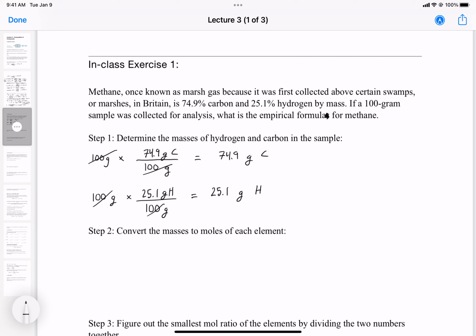Okay, so for carbon, we have 74.9 grams of carbon times 1 mole carbon is 12.01 grams.